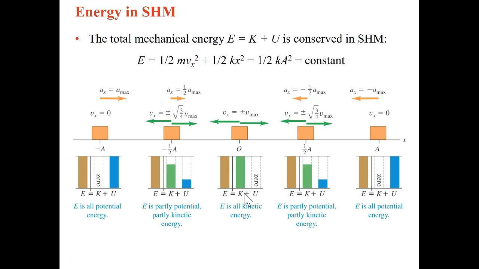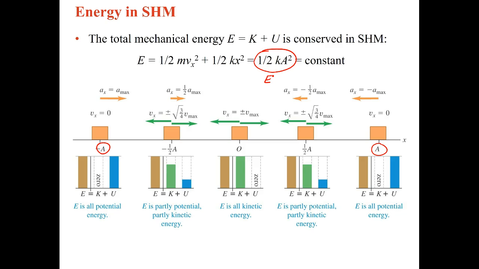So first of all, total mechanical energy is conserved, and going back to our example of a mass on a spring, the energy is going to simply oscillate back and forth between kinetic and potential. At the two endpoints, when we are at positive A and negative A, we're going to have all potential, and that potential is going to be 1/2 kA squared. Because the object won't be moving, that's also the total energy E of the system.